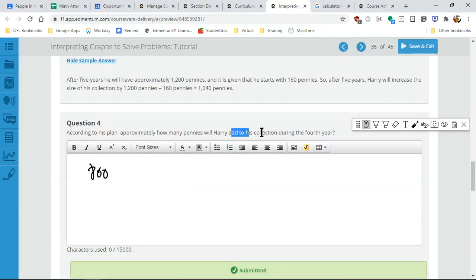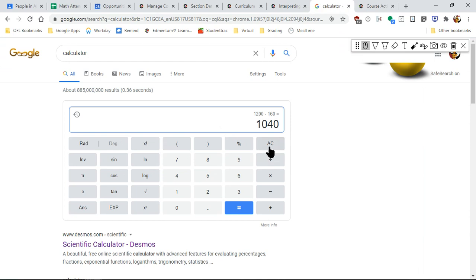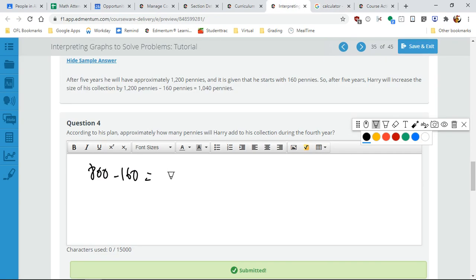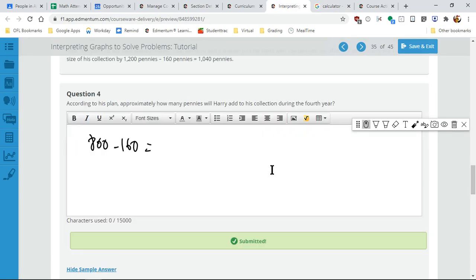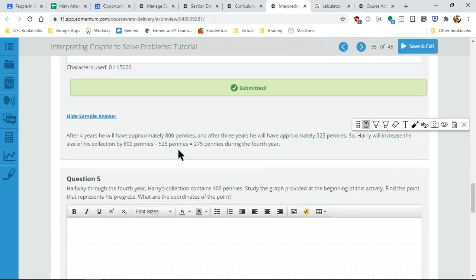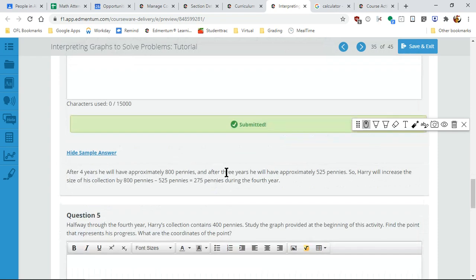How many does he need to add? So if we're at 800 minus 160, again, you can use your calculator to figure that out, we get 640. So I did get this wrong, because it says how many he wants to add.